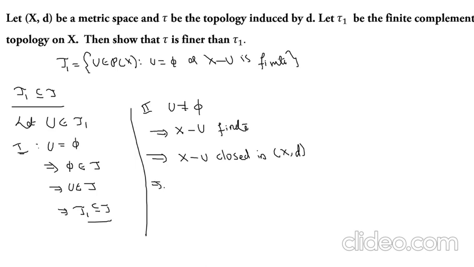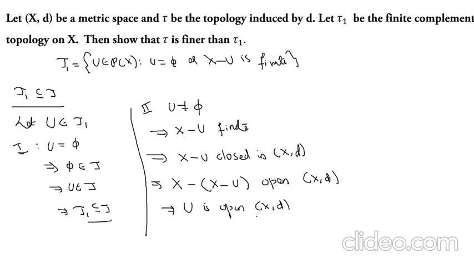If a set is closed, then its complement must be open in a metric space. That is, X minus (X minus U) is open in (X, d). X minus (X minus U) is nothing but U. That is, U is open in (X, d).